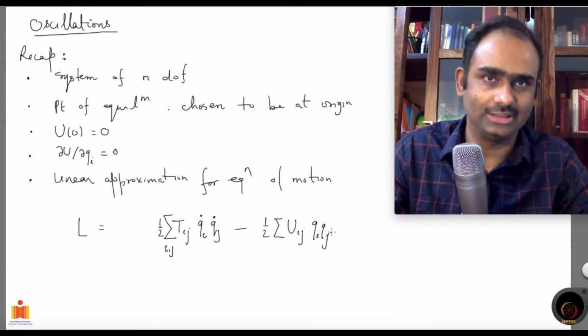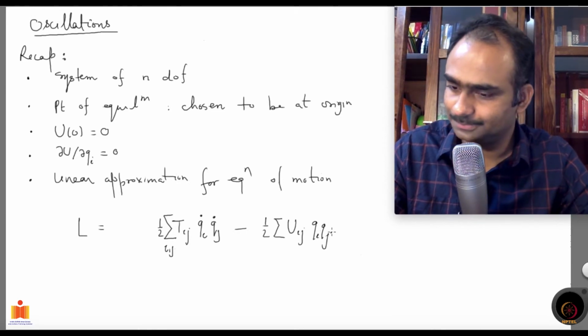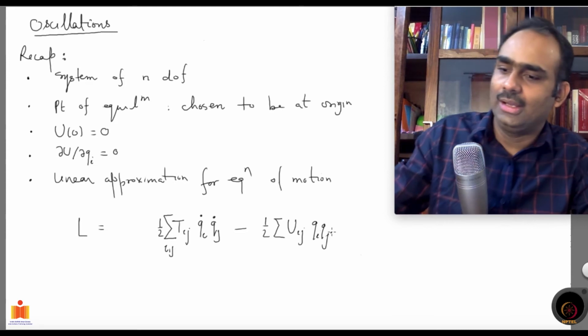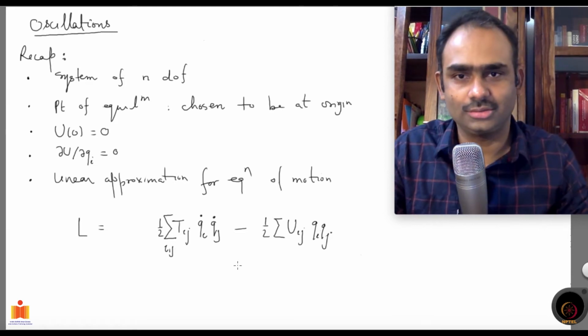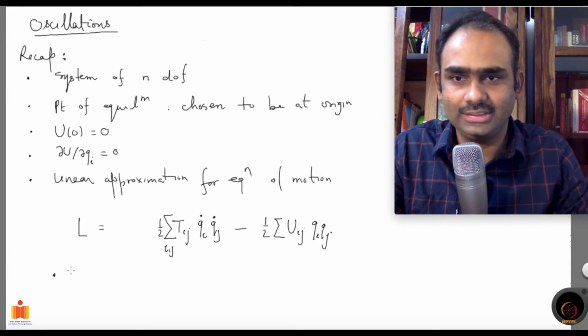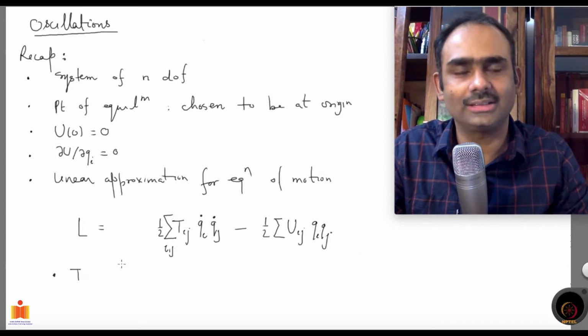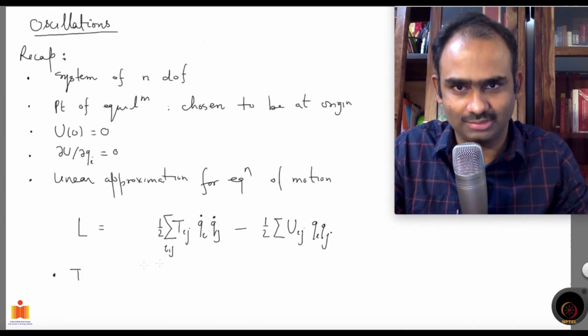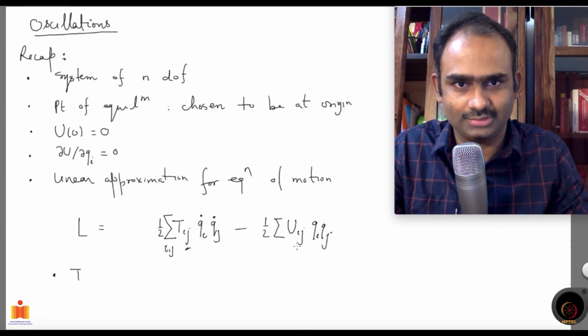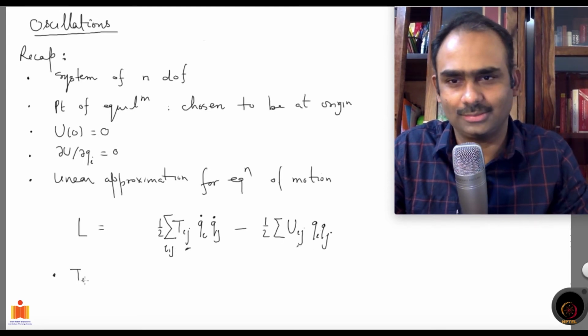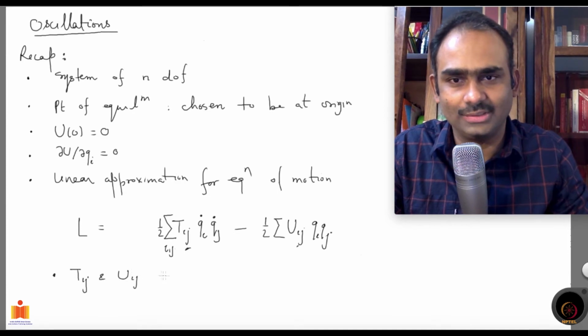Now we have already expanded about the origin, and we also know that Tij and Uij are real symmetric matrices.